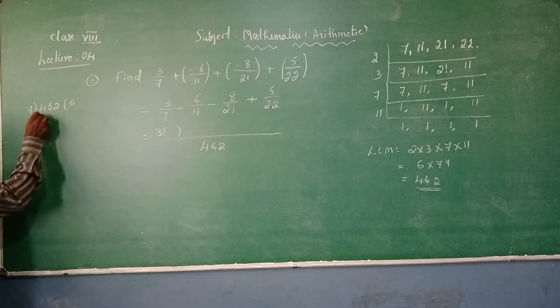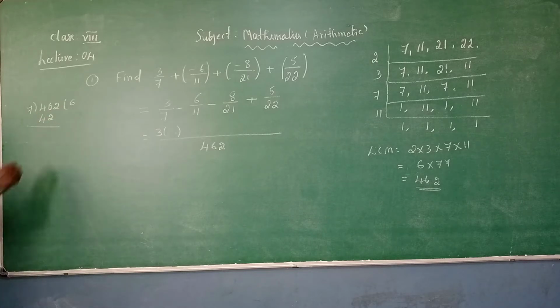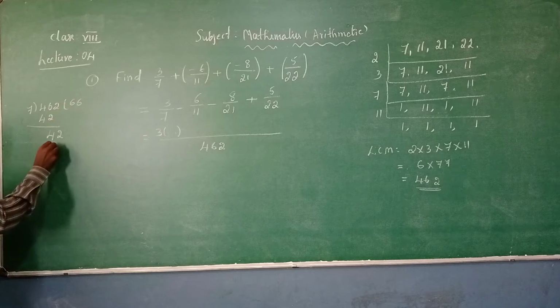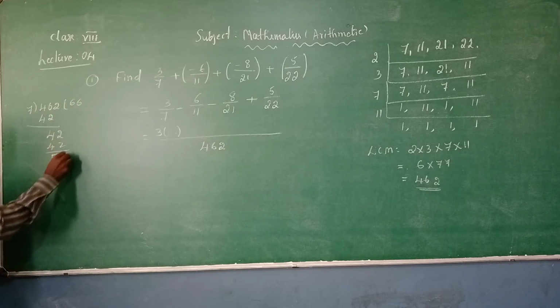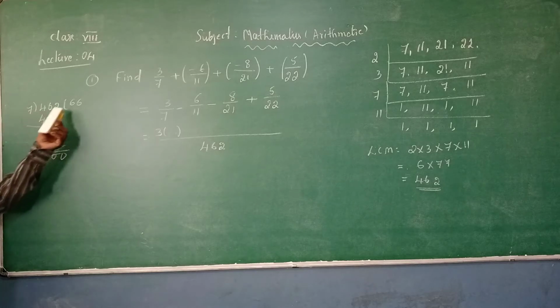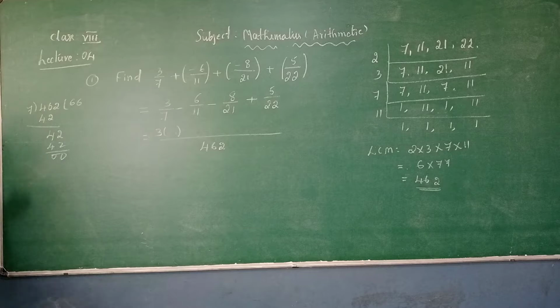So 7 6s are 42. Subtract 42 from 46, the remainder is 4. Again you can take 2. 7 6s are 42, so 42 minus 42 is 0.